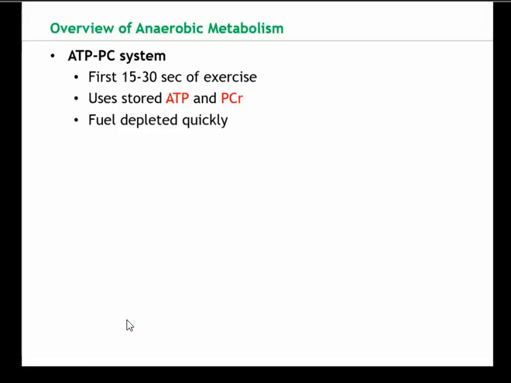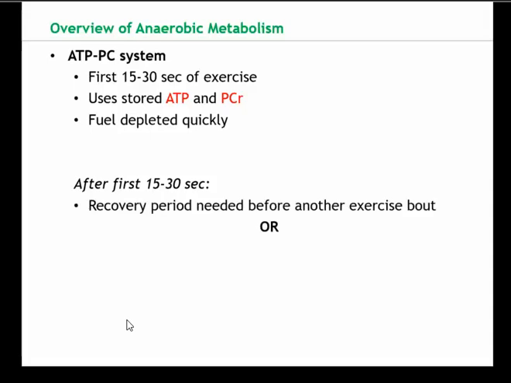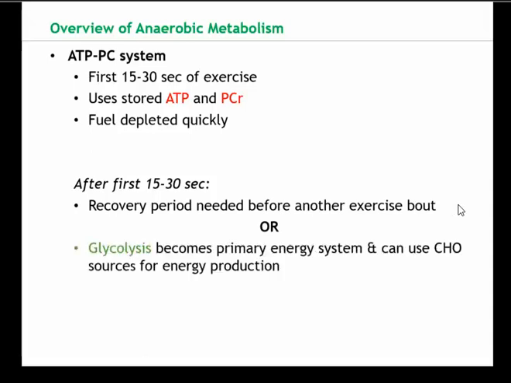And then as we move to the next 30 seconds, we have two options here. We need a recovery period before we can do another really high intensity bout. So let's say I did burpees or squat jumps for 15 to 30 seconds. Well, my energy runs out if I'm doing it at a really high intensity. So I have to take, let's say, a 30-second or a 60-second break to get back some of this ATP and creatine phosphate. And then I can do another bout of exercise.